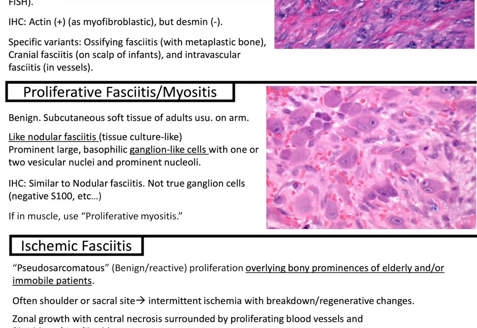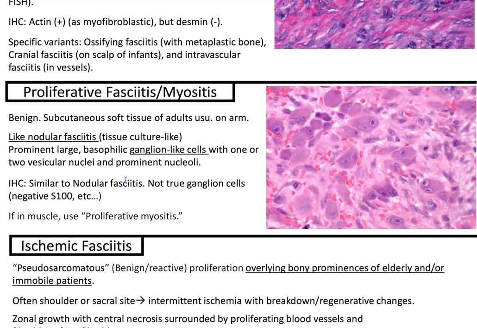It reminds me of Reed-Sternberg cells, but the key point is that buzzword is more specific for myxoinflammatory fibroblastic sarcoma. So if some staff tells you there are Reed-Sternberg-like cells in this soft tissue tumor, they're probably hinting at myxoinflammatory fibroblastic sarcoma.